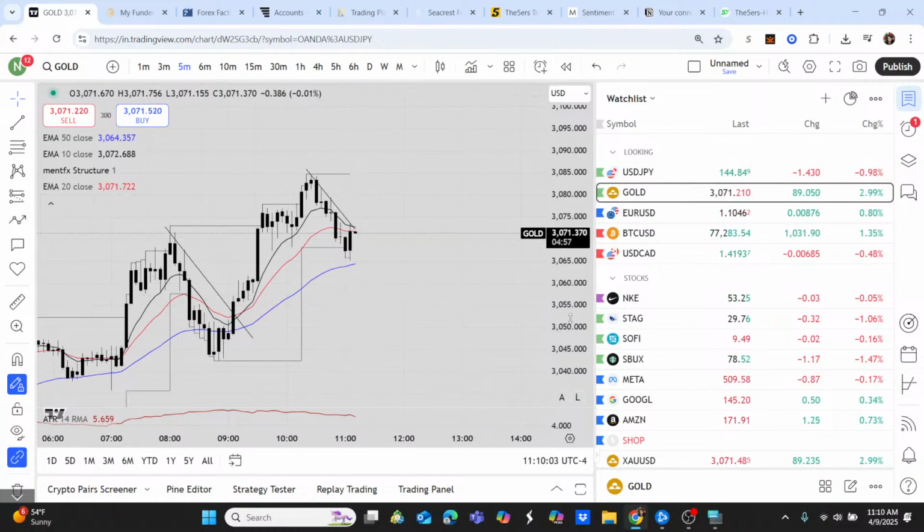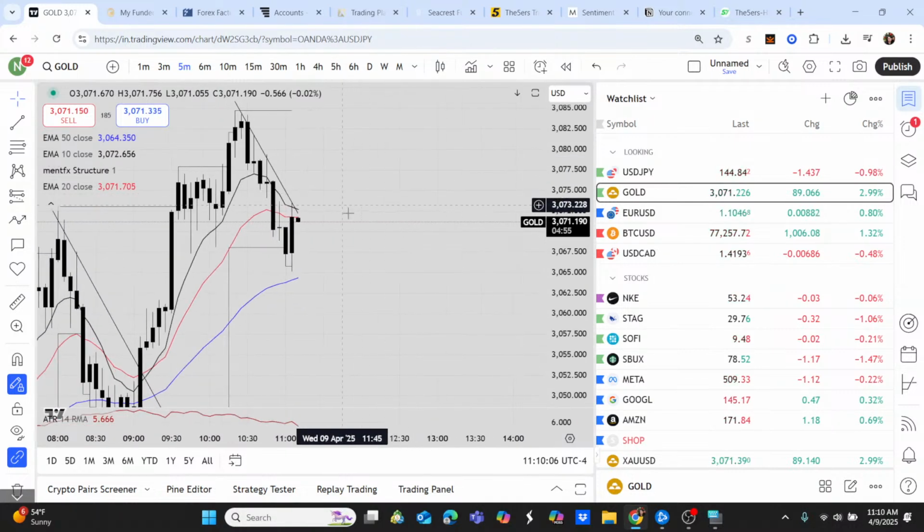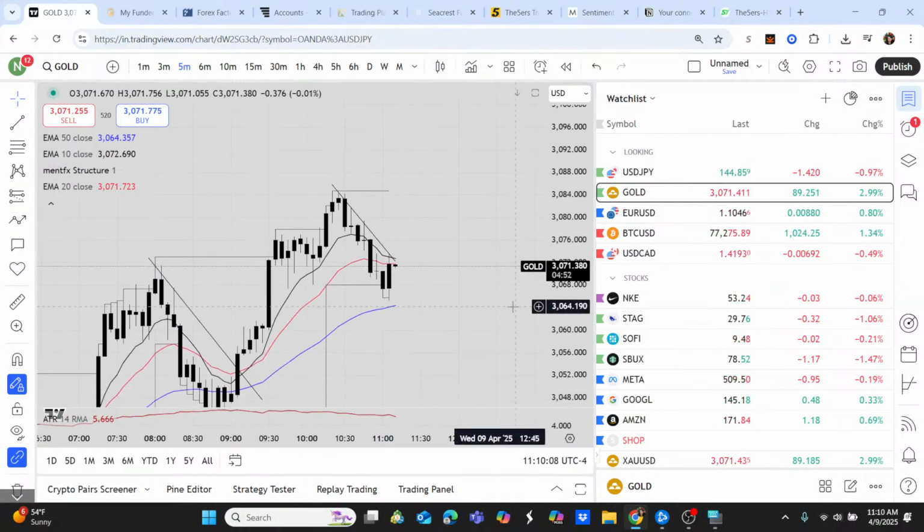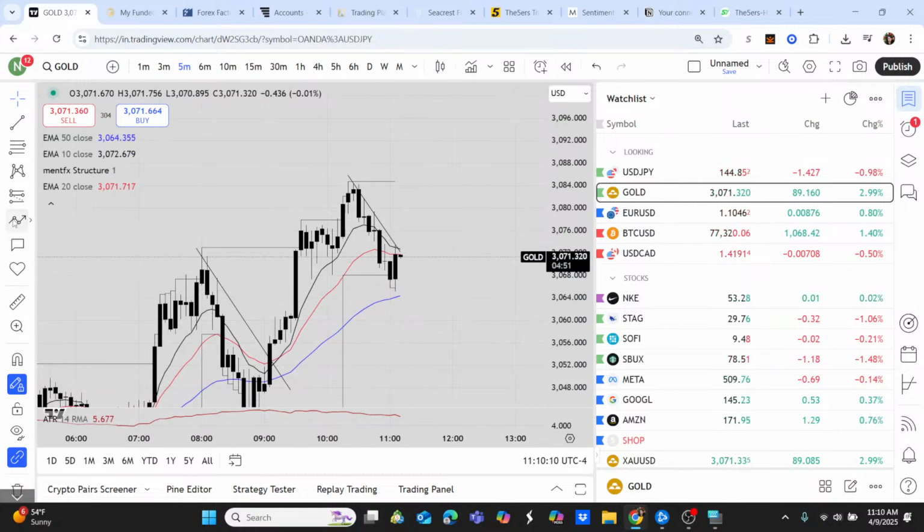So right now, I still gotta wait some more because I just wanted it to make a move above the MAs so it can pause like that.